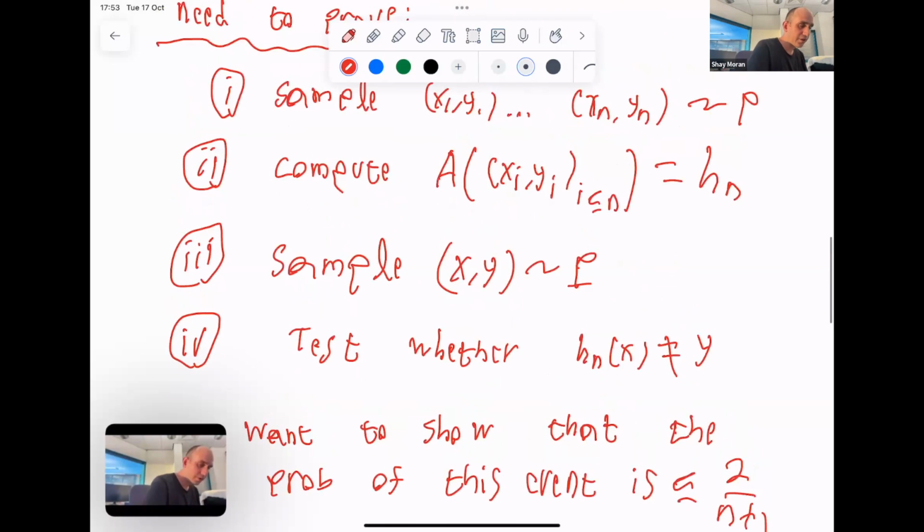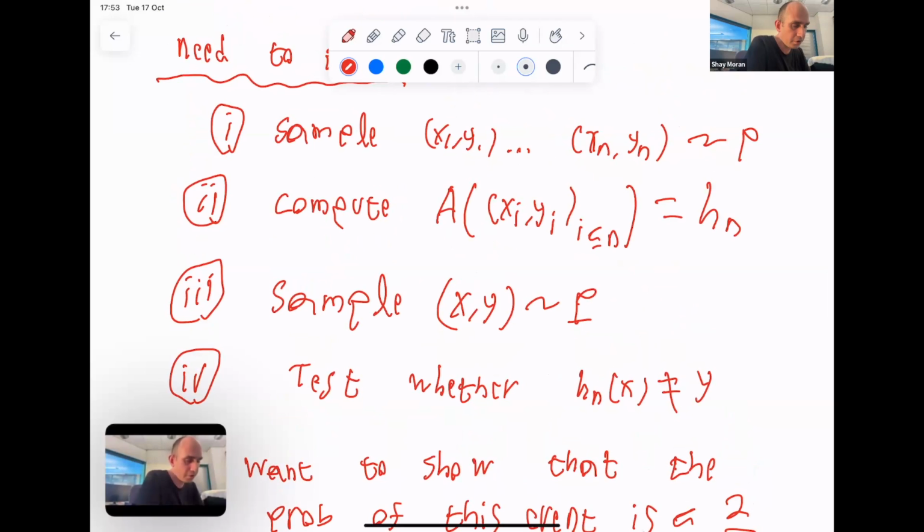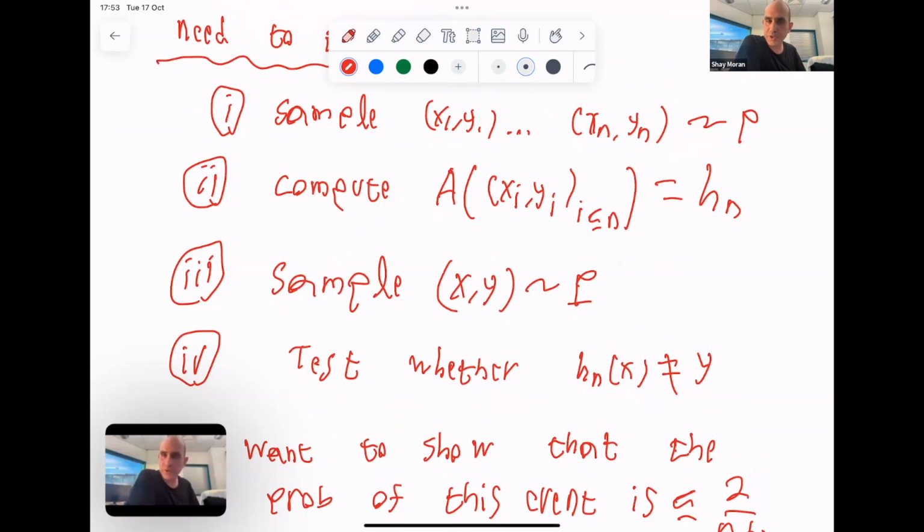The probability is taken over everything, over sampling the n points and over sampling the test point.